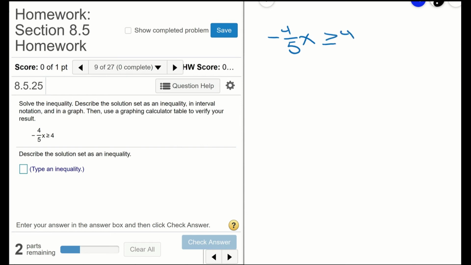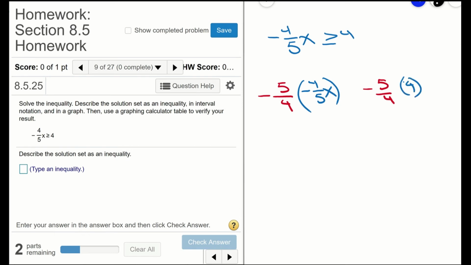We're going to multiply both sides by the reciprocal of negative 4/5, which is of course negative 5/4, right? So negative 5/4 times the left side, which is negative 4/5 x, and negative 5/4 times the right side.